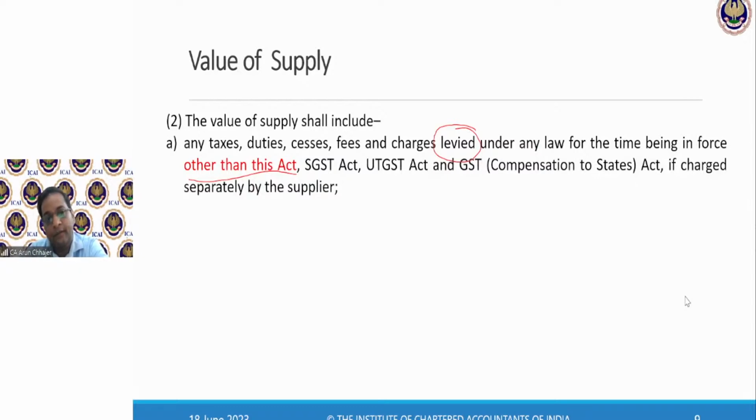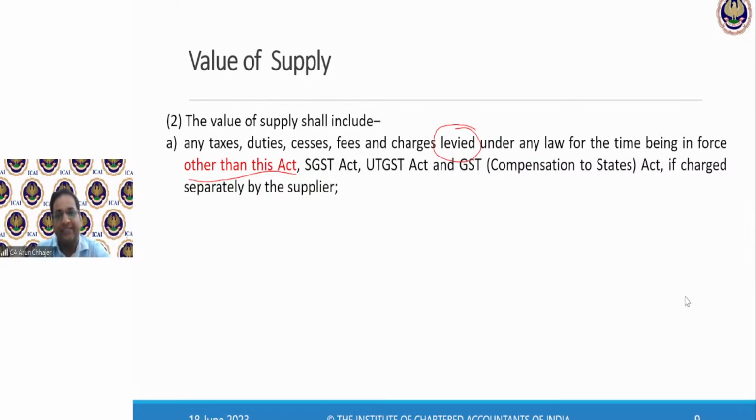Let's say Mr. A is making the supply of tobacco. Tobacco is a product which is leviable to GST as well as excise duty. When Mr. A raises the invoice, let's say 1,000 rupees is the value. He will also add the excise duty, let's say 100 rupees. For the ease of calculation, I'm taking rounded figures.